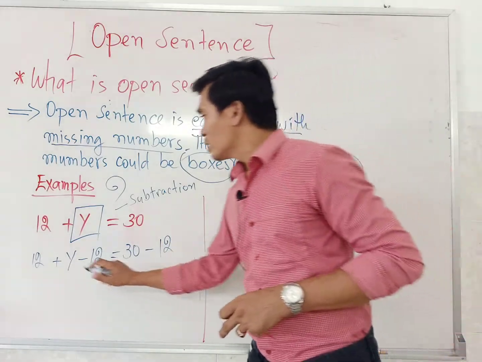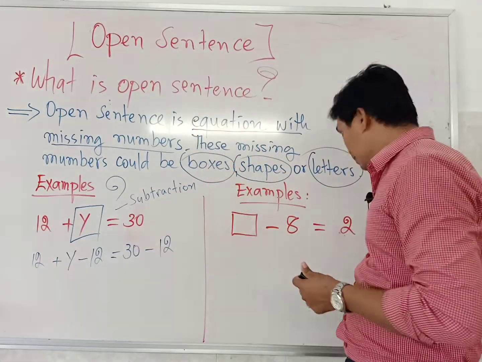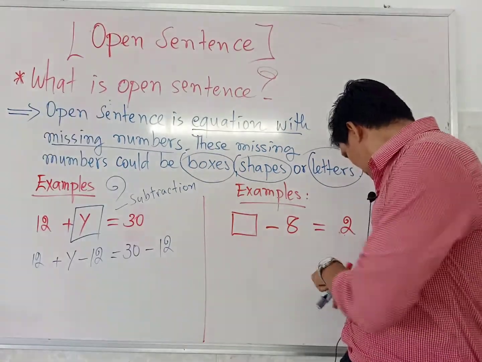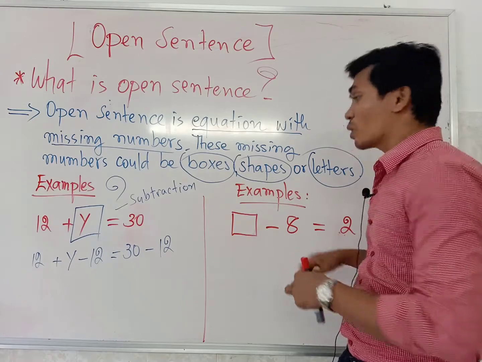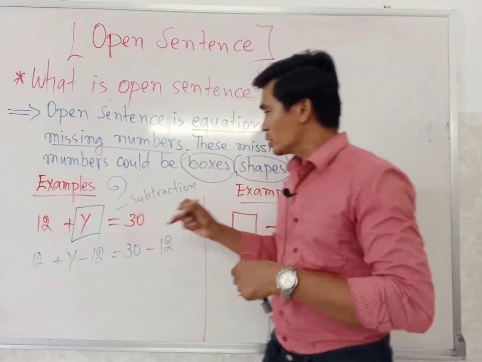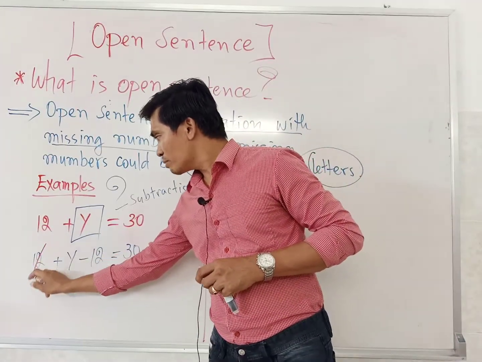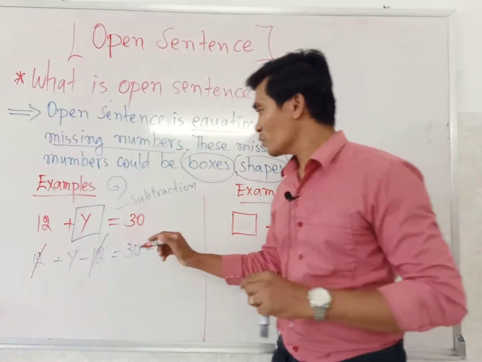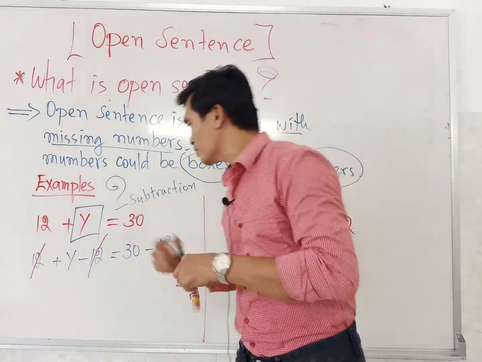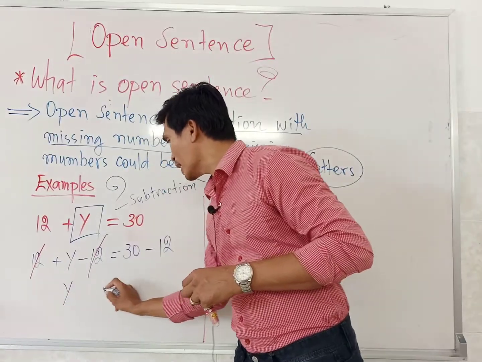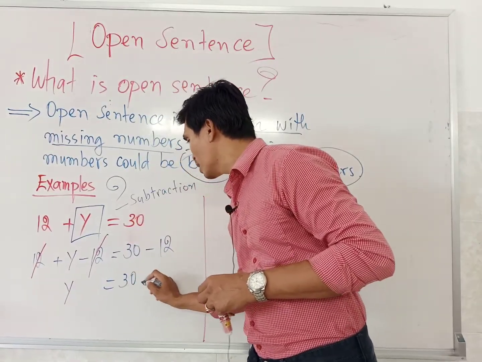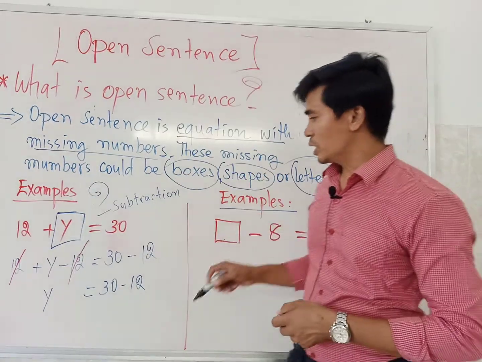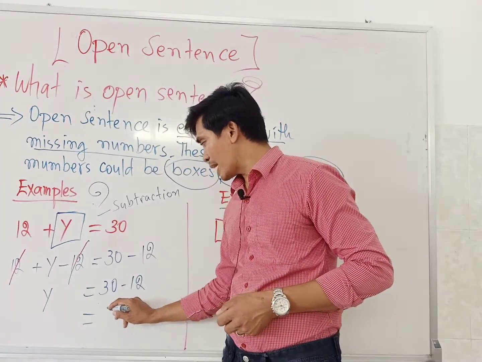So here we can remove positive 12 and negative 12. We have y, and 30 minus 12 equals 18.